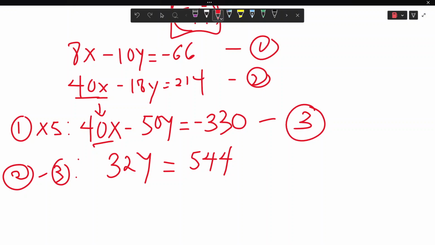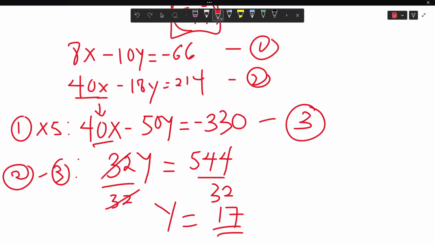Let's divide through by 32. So now your y is equal to 544 divided by 32, which gives you 17.